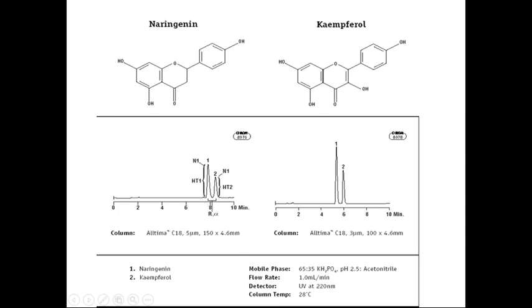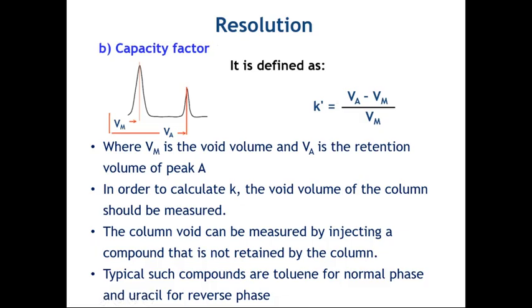So resolution again depends on the capacity factor, and here your capacity factor is given by Va minus Vm divided by Vm. Here you have the two molecules and you can calculate it.